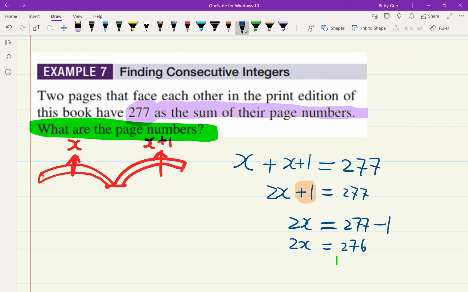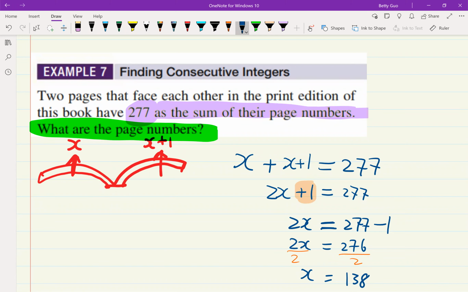276 obviously, right? And how do you continue from here? Divide both sides by 2 because we need to isolate the x. And after we isolate the x, let's see what we have for x. You can use your calculator. 138? Does that make sense? Yeah, you can always use your calculator.